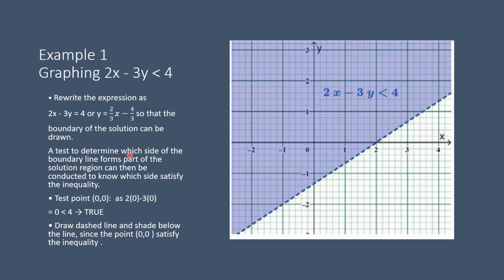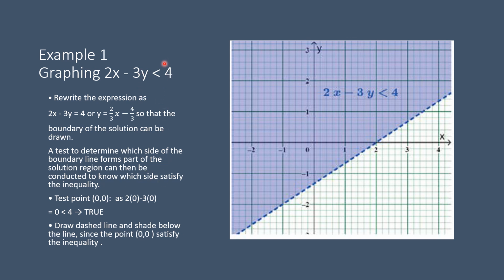After getting the boundary, after making y the subject, we have y greater than 2 on 3x minus 4 on 3. This y will be greater than because we are going to divide both sides by a negative number, which is negative 3.